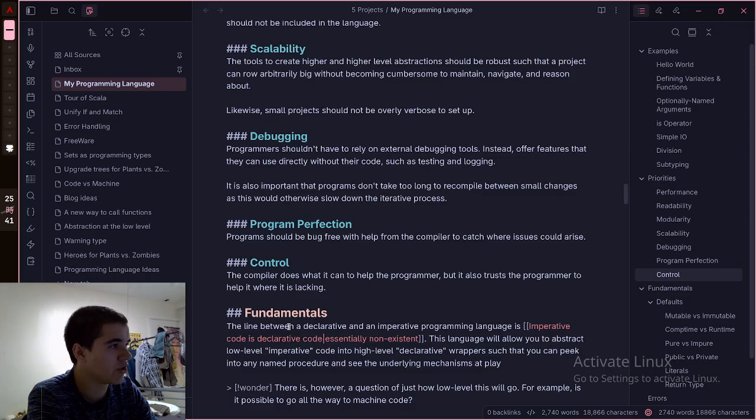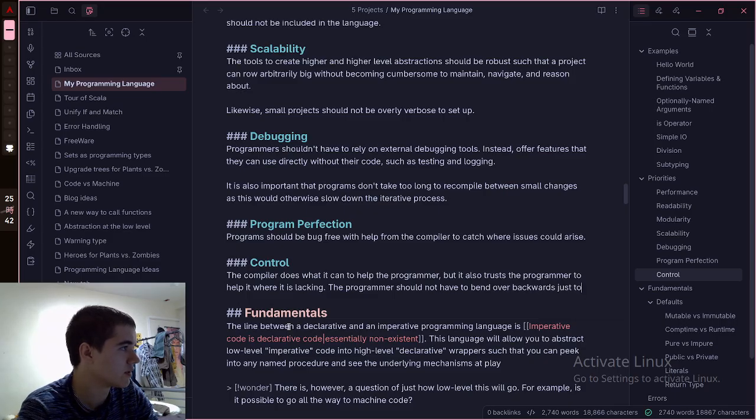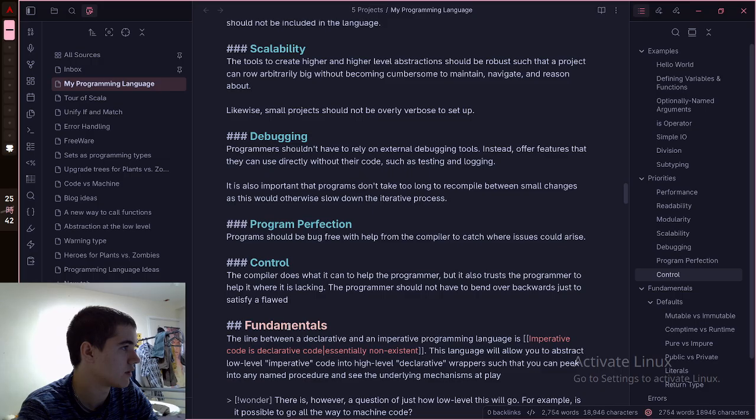The programmer should not have to bend over backwards just to satisfy a flawed compiler that doesn't even understand everything.